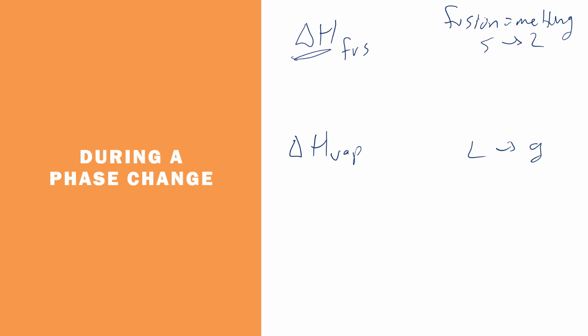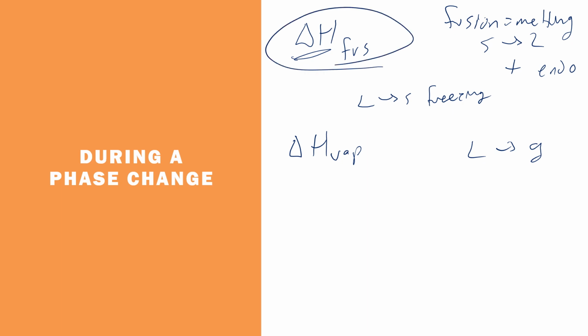Now, for fusion itself, it's going to be a positive value because going from a solid to a liquid is endothermic. But let's say I wanted to go in the reverse. I wanted to go from liquid to solid, so freezing. It will be the same value as the heat of fusion, just a negative sign, because it's exothermic.